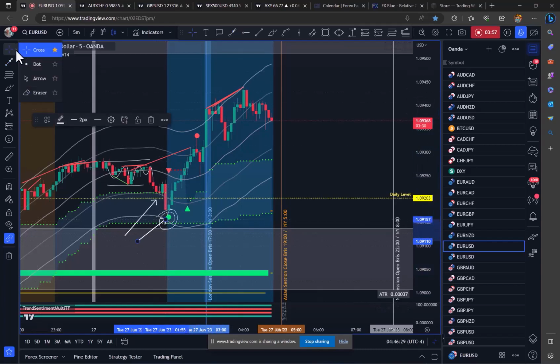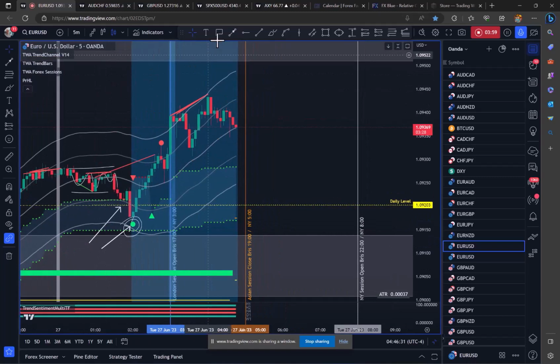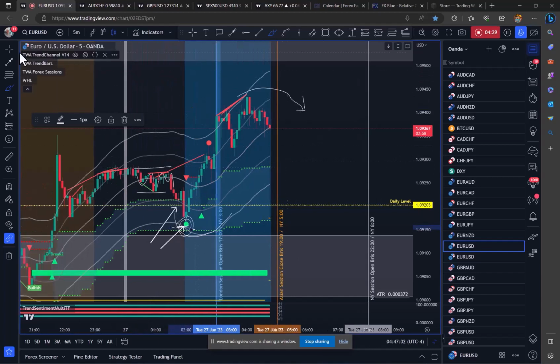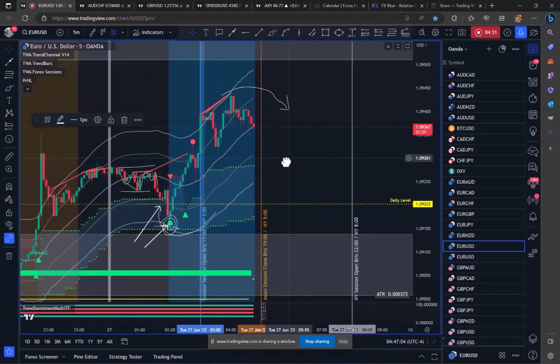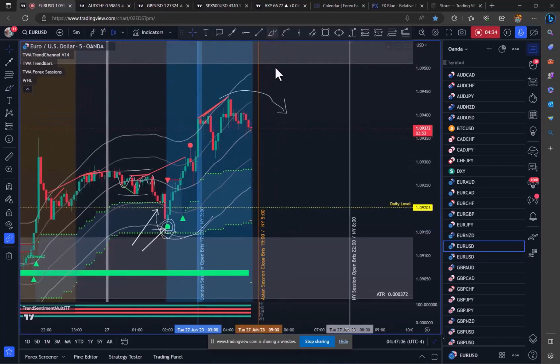In any case, coming back to here, what I wait for through these session times is, if we see a rotation through London, I'm half expecting the Asia close here, and you'll see this time and time again. You'll see the pullback happen around here. So we get this rotation up, rotation back down. But what I'm wanting to see is this low to hold for a potential trade opportunity, only because I've seen this so many times.